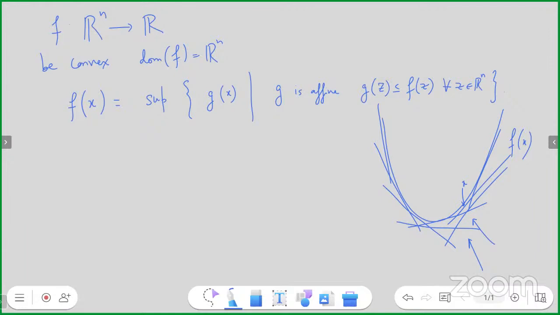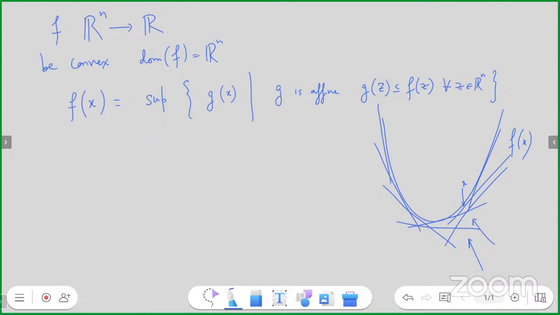So which of the two sides is greater than or equal to without having to worry about anything? f of x is greater than or equal to the supremum, just by definition. So one direction is easy.